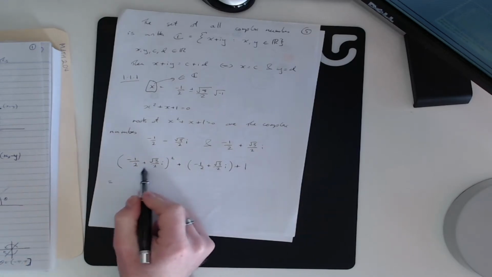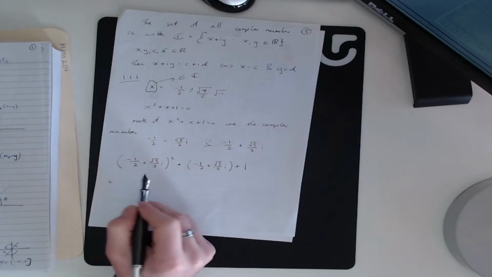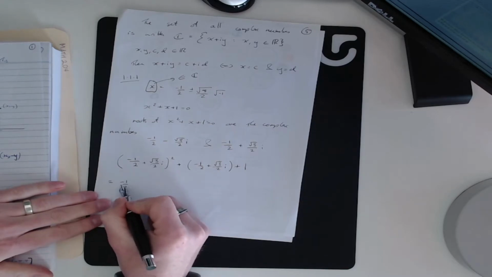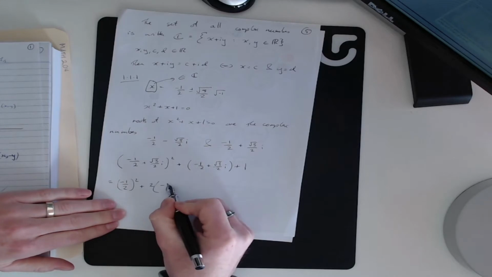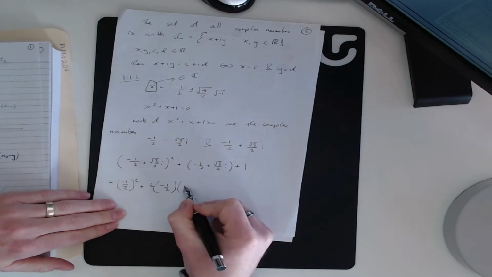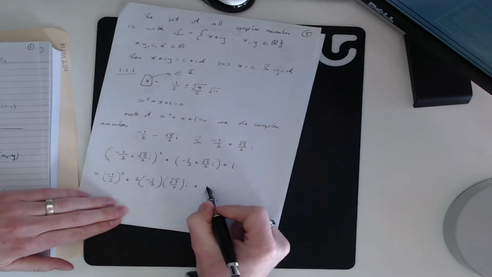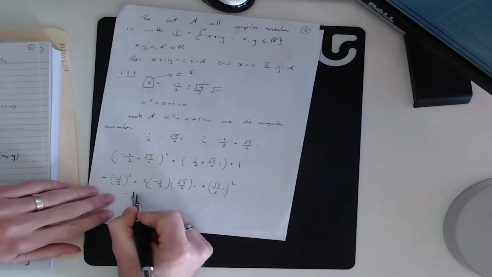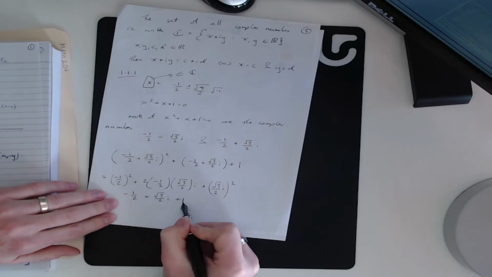There's some calculations in here, right? So when you square a complex number, what happens? Well, you just multiply everything together like you're dealing with real numbers. So this ends up being minus 1/2 squared plus 2 lots of minus 1/2 times square root 3 over 2 times i, plus square root 3 over 2 i squared, minus 1/2 plus square root 3 over 2 i plus 1.